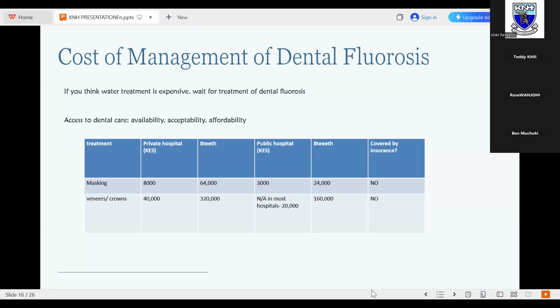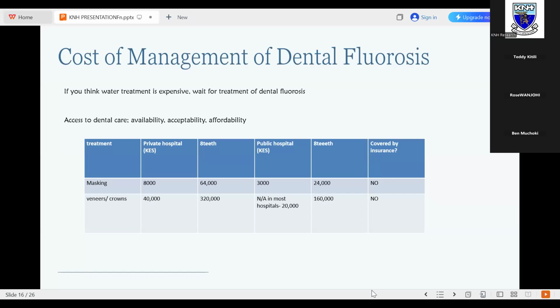Masking is a mode of treatment where a dentist uses filling material to cover. Remember, when we were starting, I said dental fluorosis is not reversible. We do not treat, we just manage. So we use a filling material and we cover the tooth. That will cost 8,000 per tooth in a private hospital.